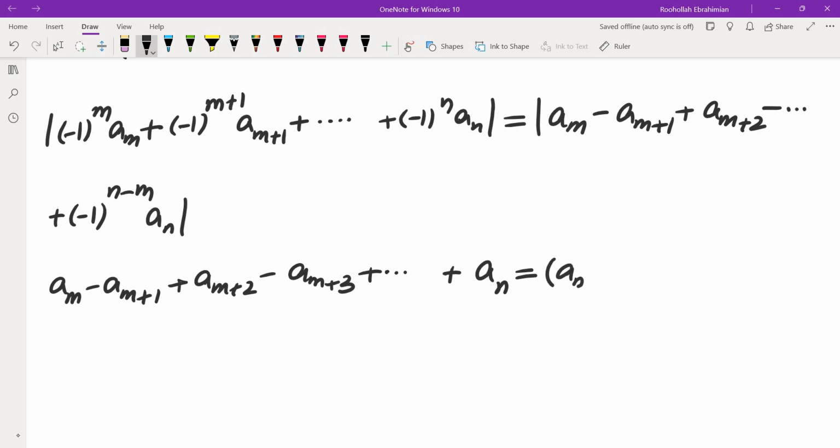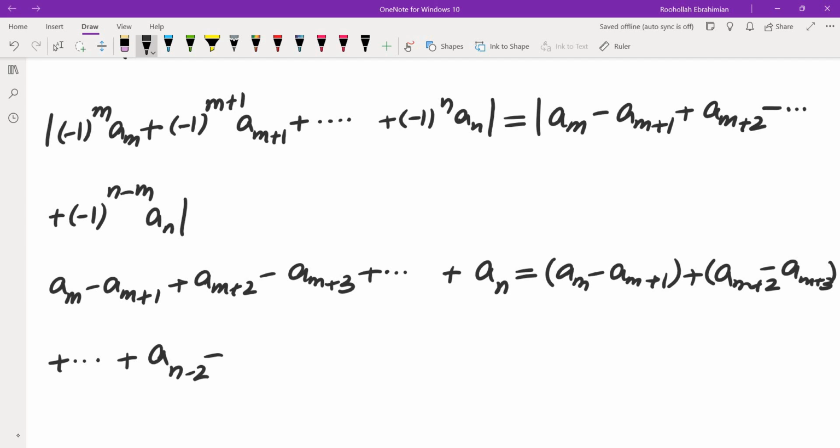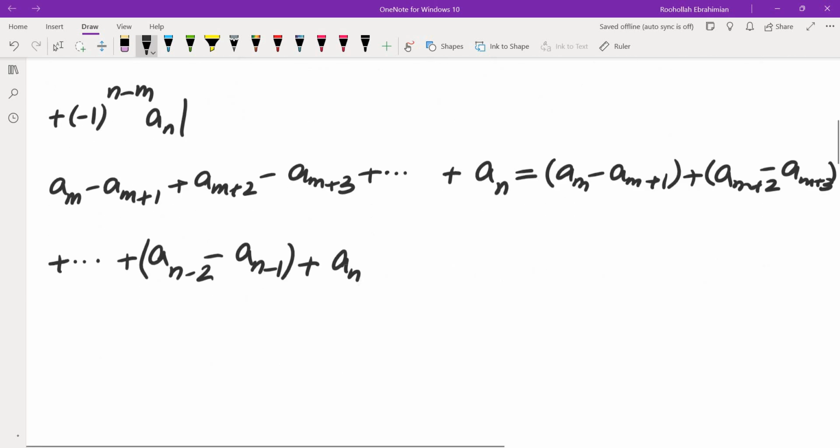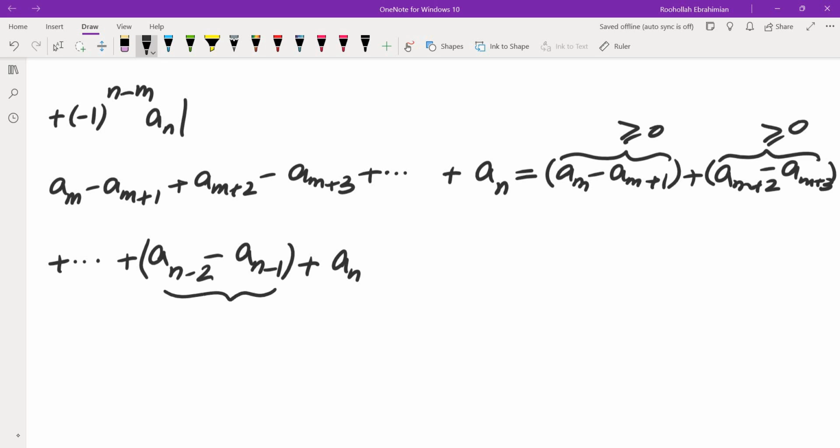So we get a_m minus a_(m+1), and then a_(m+2) minus a_(m+3), all the way to the last pair, a_(n-2) minus a_(n-1), plus a_n. Now, each of these is greater than or equal to 0.